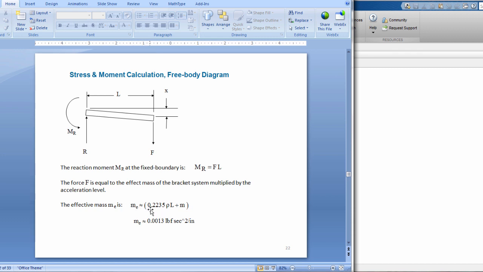For this case, our approximate effective mass is going to be 0.2235 times the mass per length times the length of the beam plus our point mass. So for our case, our effective mass is going to be 0.0013 pounds force second squared per inch.